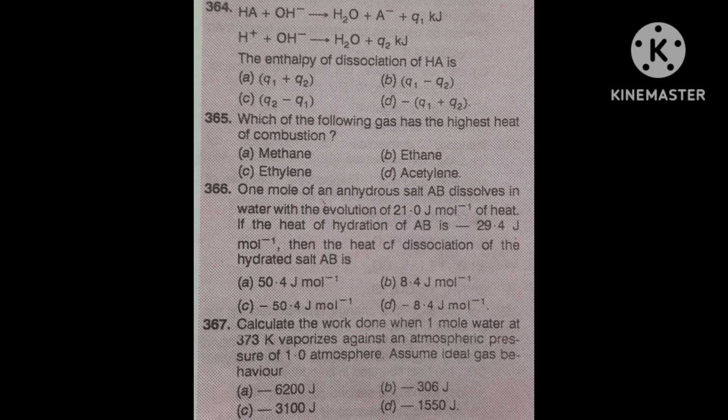You remember this relation: 101.3 joule is equal to 1 liter atmosphere. Then minus 30.6 means how much? Just multiply both, minus 30.6 into 101.3. It will give minus 3100 joule.